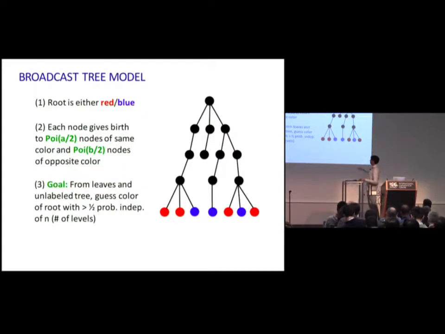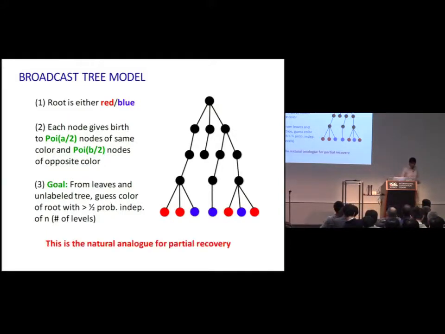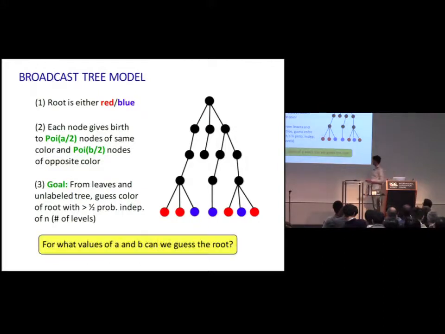So we want to understand for what values of a and b it is possible to guess the color of the root better than 50-50, independently of how many levels we take in this random process. This is actually a very natural analog for partial recovery, as I mentioned.